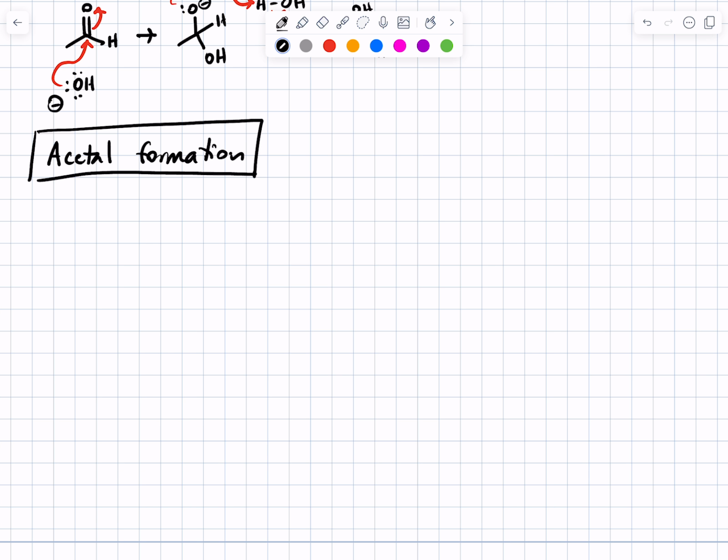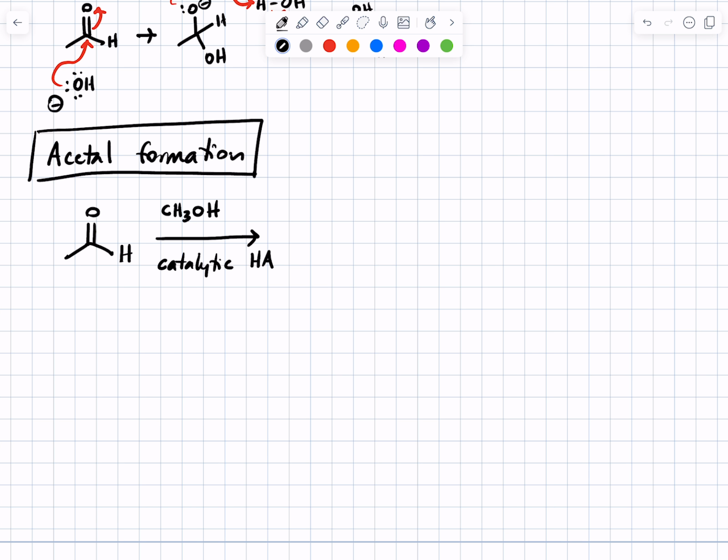And like imine formation, you need an acid catalyst for this to happen. Your starting material is an aldehyde or a ketone. You need an alcohol, which is going to be your nucleophile. You do not expect the neutral alcohol to be able to attack the carbonyl carbon directly, so you need a catalytic amount of acid.